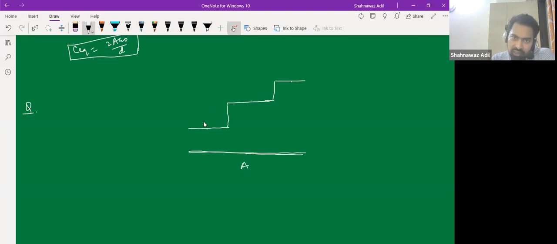And this is A by 3, right? This is A by 3, and this is A by 3. This is connected with the positive one. This is connected with the negative. So this is from where the plate starts, right?